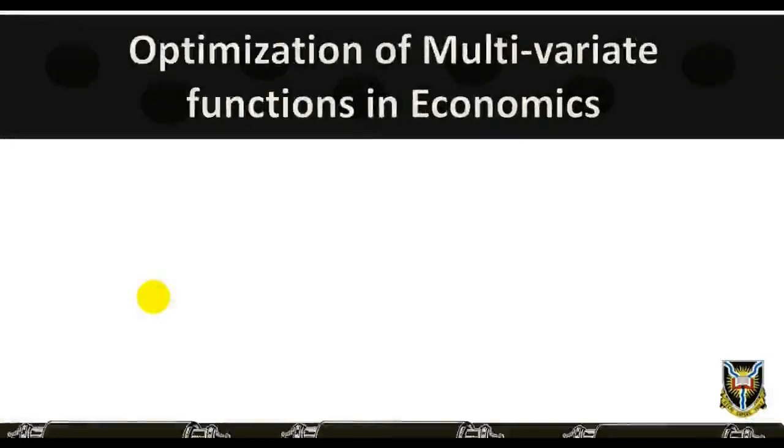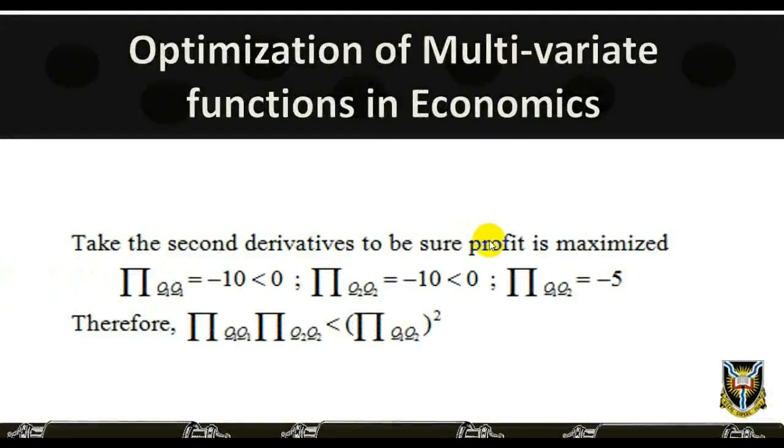Take the second derivative to be sure profit is maximized. Pi Q1Q1 equals minus 10, less than 0. Therefore, pi Q1Q1 times pi Q2Q2 will be greater than pi Q1Q2, all raised to power 2.